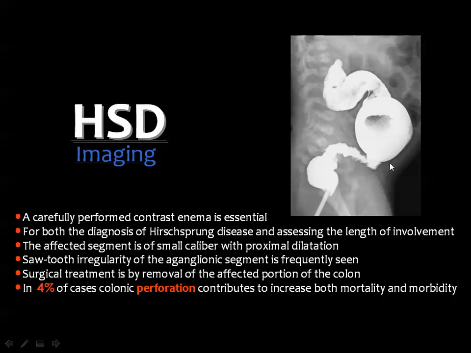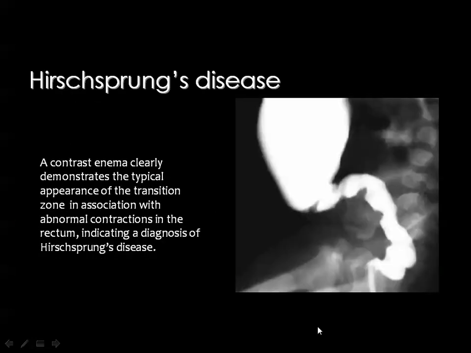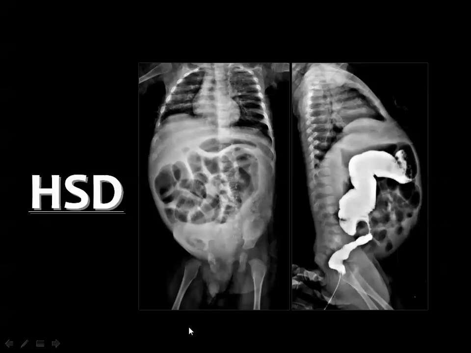That is all, and we do not usually continue to opacify the whole colon. In about 4% of cases of Hirschsprung disease, perforation contributes to the increased mortality and morbidity. As I have mentioned, you inject barium into the rectum until you can see the narrowed aganglionic segment, and you opacify a small part of the colon proximal to it, then you stop the examination.